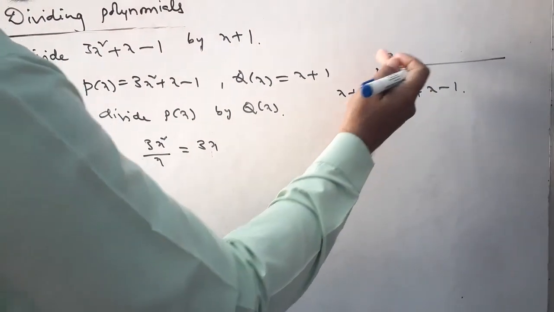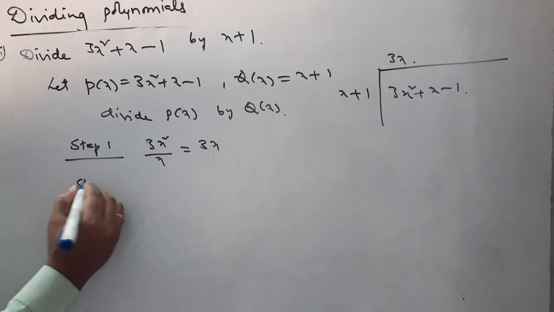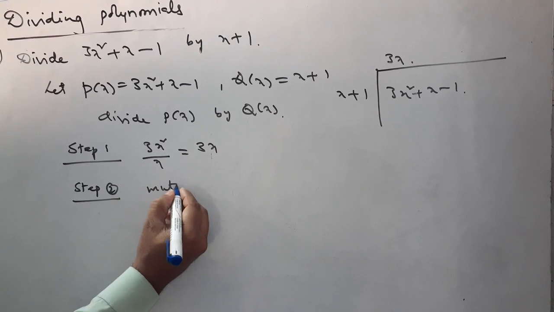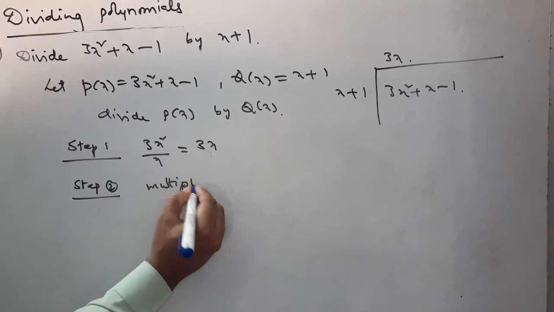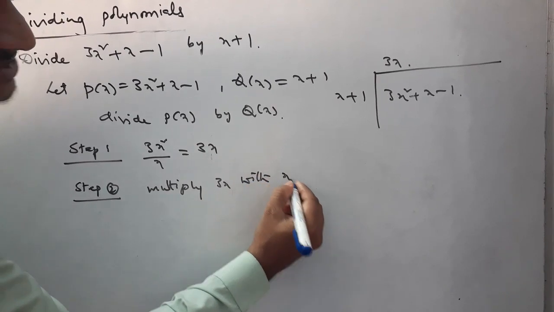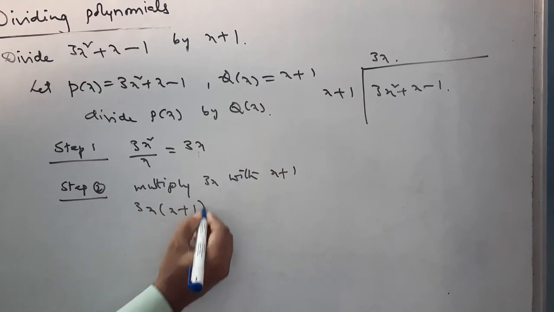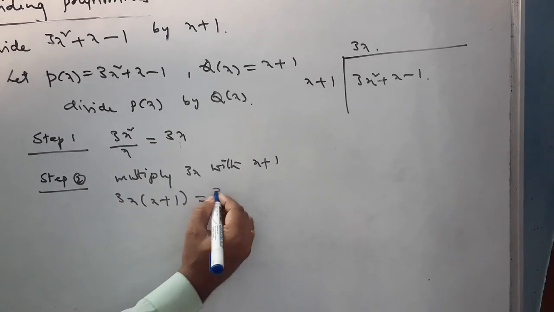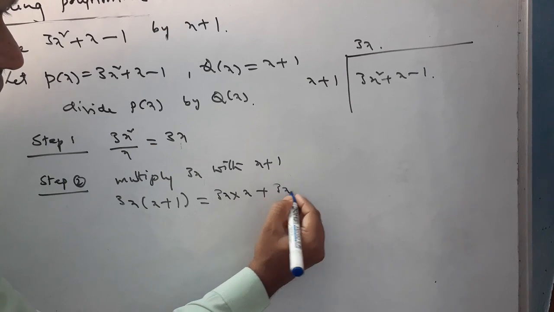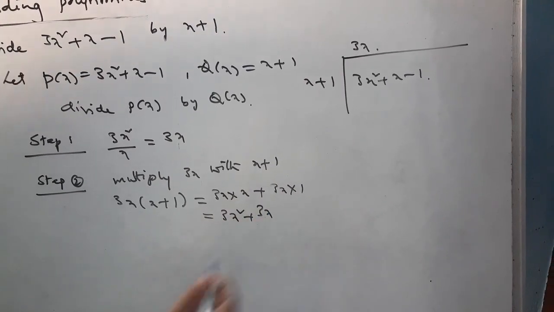Step 2: multiply 3x with x plus 1. We get 3x into x plus 1, that is 3x into x plus 3x into 1, which is 3x square plus 3x.